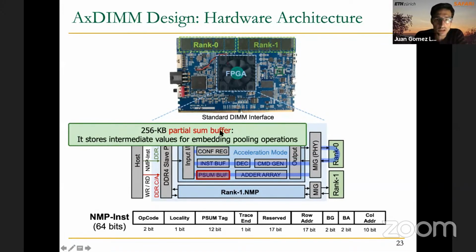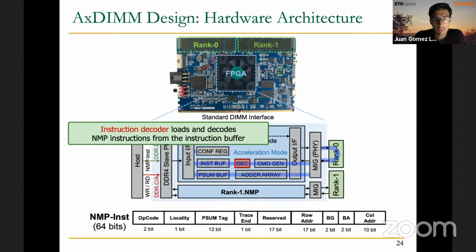This partial sum buffer is to store intermediate values for embedding pooling operations. So whatever is being computed here in this part of the pipeline will be written back to this partial sum buffer for storing the intermediate calculation results that might later be used by the rest of the pipeline, or written back to the host when the computation finishes. We are going to see when this happens.